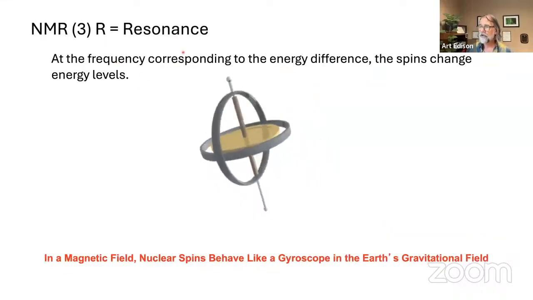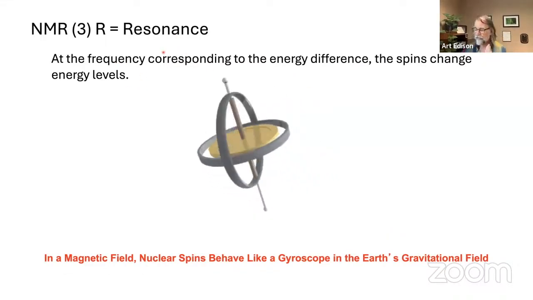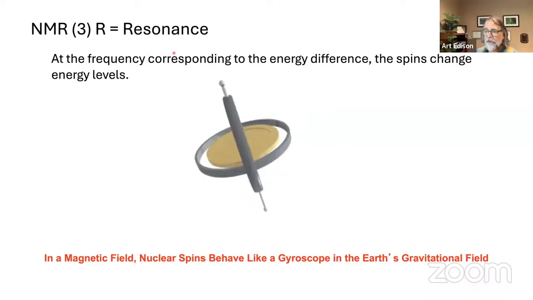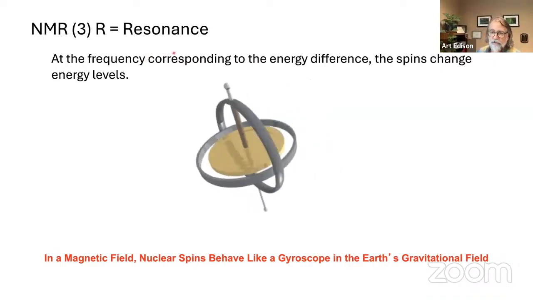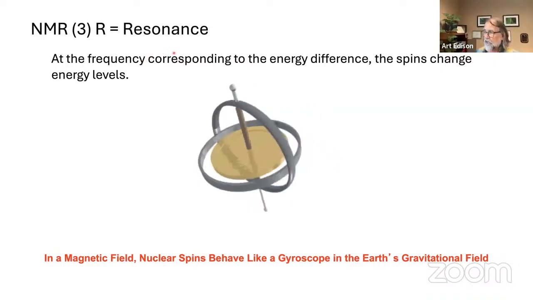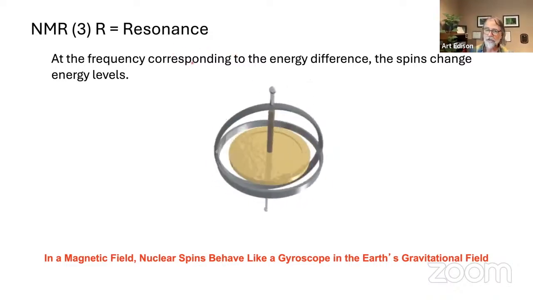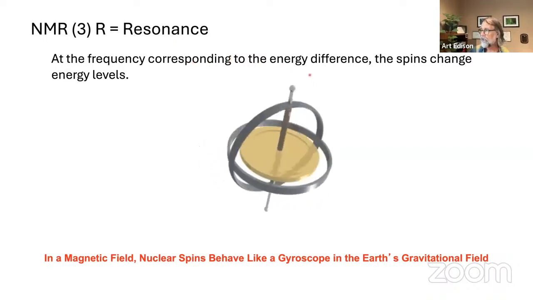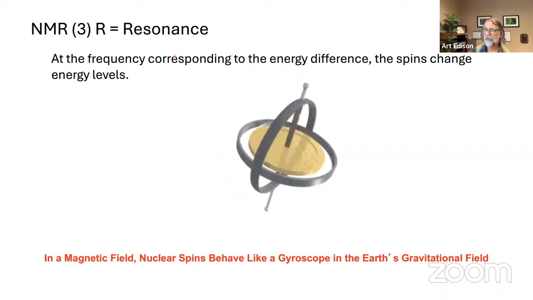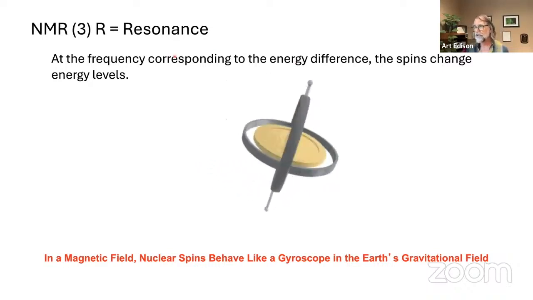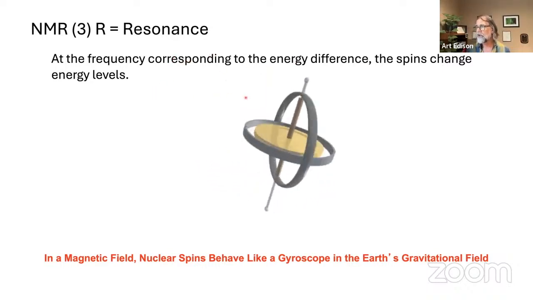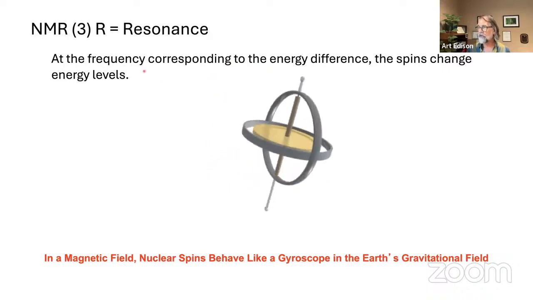Resonance, nuclear magnetic resonance. At just the frequency that corresponds to the splitting between the low energy and high energy alpha and beta states, this system will absorb energy, and if you put in radio frequency energy at the right frequency, then the spins change energy level.